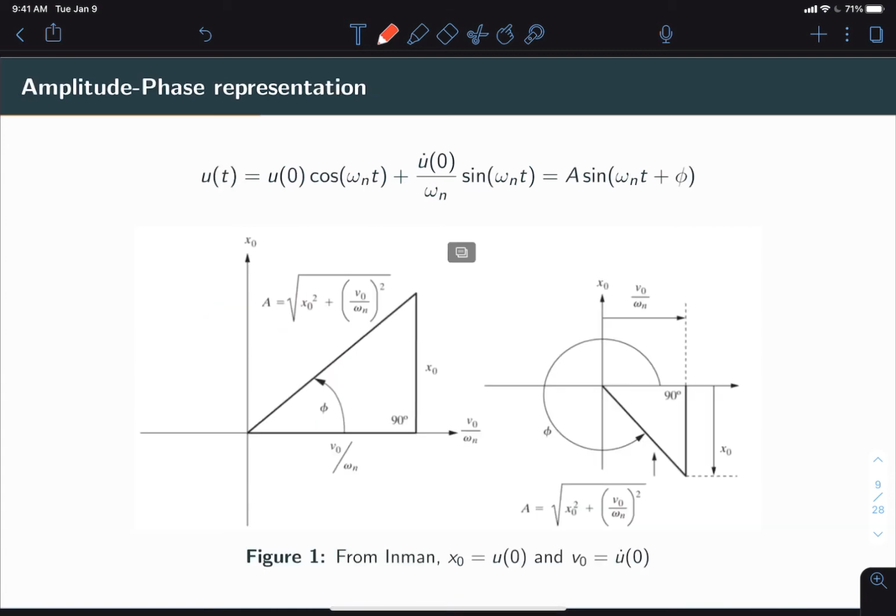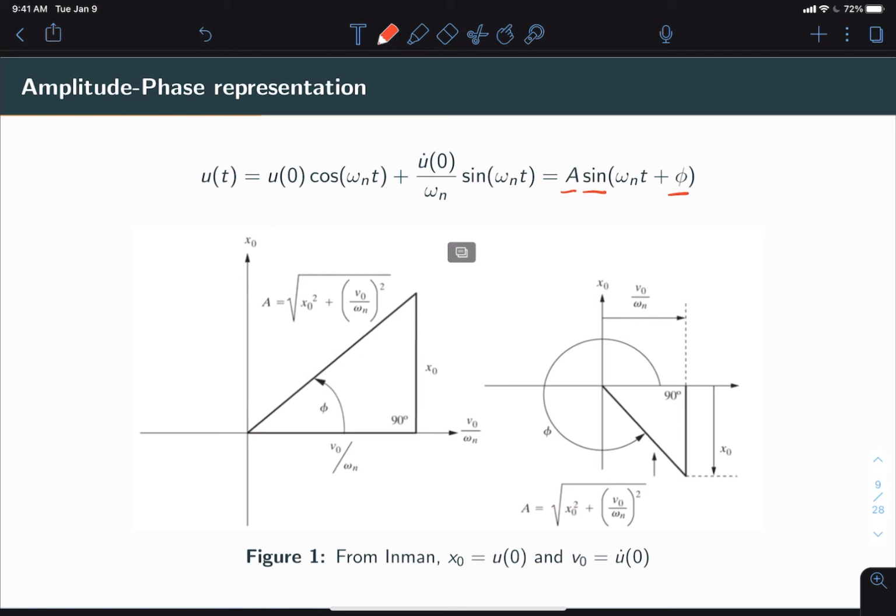There is a slightly different way to express this solution, which makes more sense in certain cases, which is the amplitude-phase representation. So instead of representing it as a sum of two sinusoids, we represent it as one sinusoid, sine, with a specific amplitude, which we defined before, and a certain phase shift.